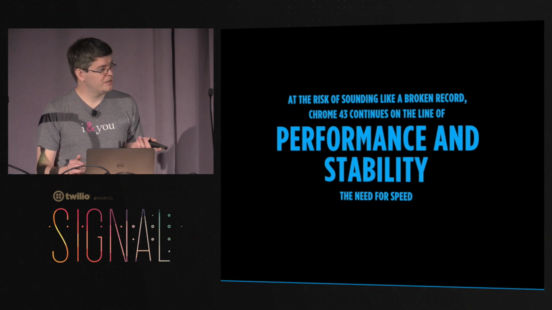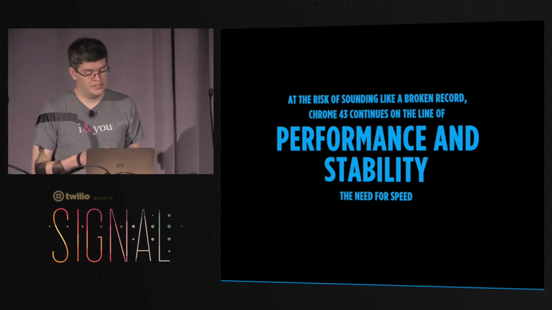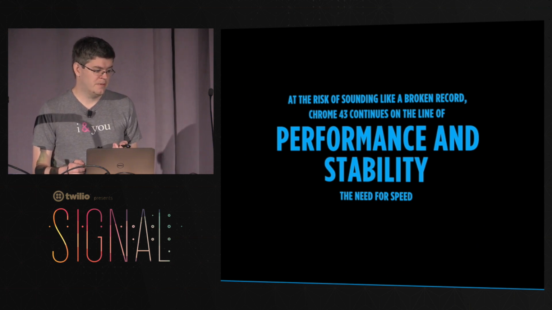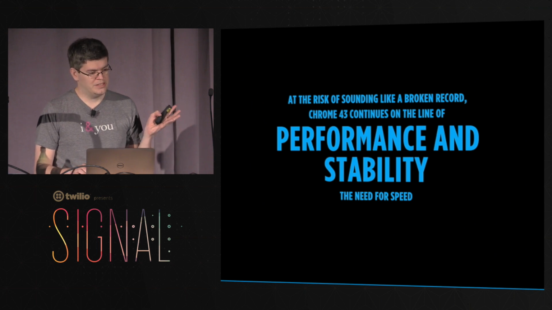And what we see in Chrome, and this is a quote from the Chrome release notes, at the risk of sounding like a broken record, Chrome 43 continues on the line of performance and stability. So the Chrome team really cares about the user experience, and they're putting a lot of effort into that. And this has been in the last 2 or 3 Chrome releases. So we see this need for speed.